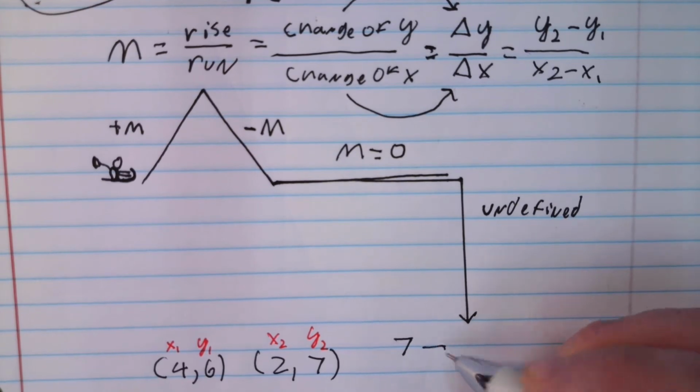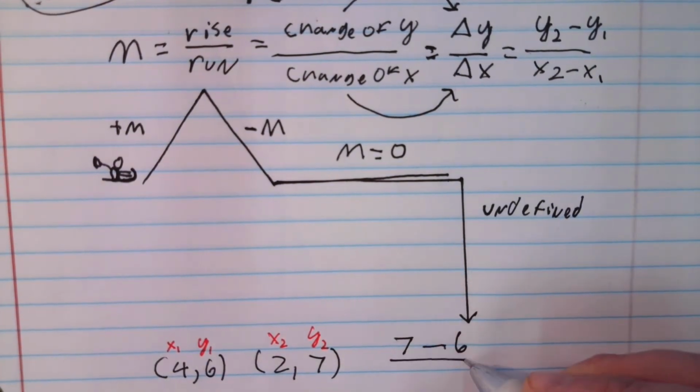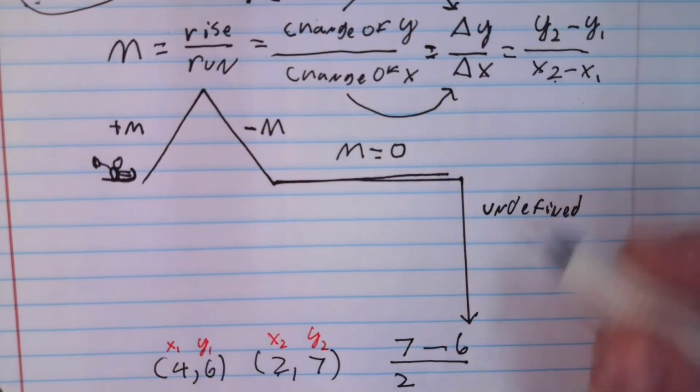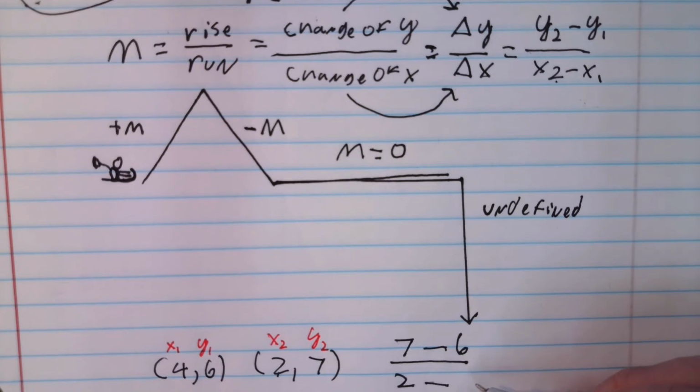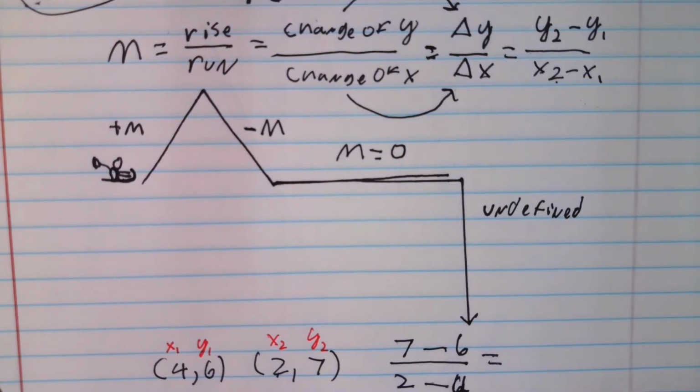Minus y1. x2 minus x1. That's not right. What should it be? 4? Okay. That's right.